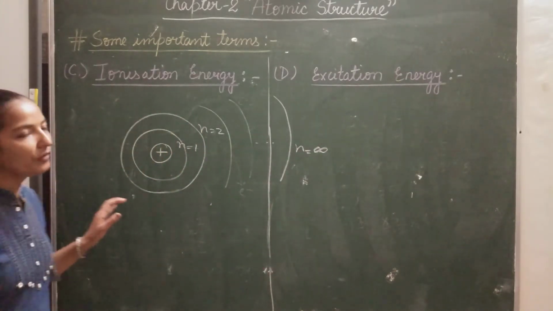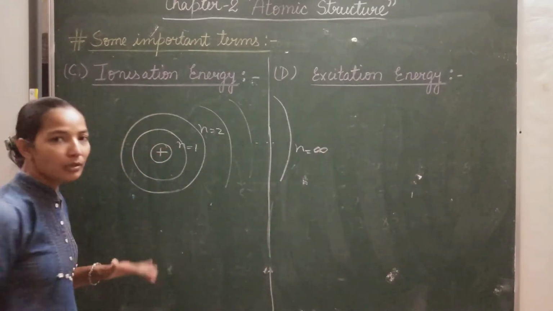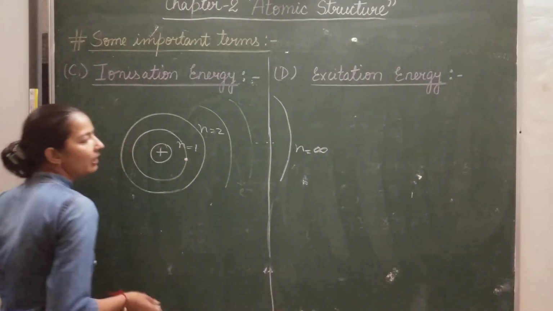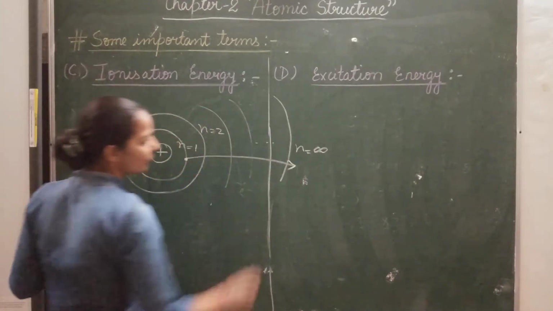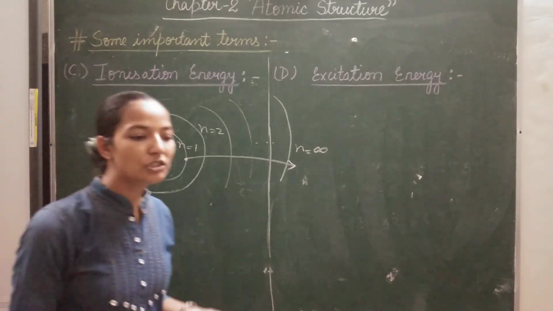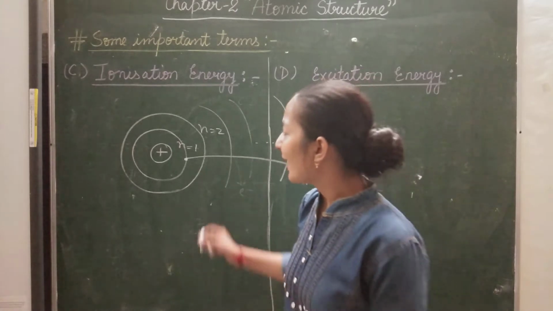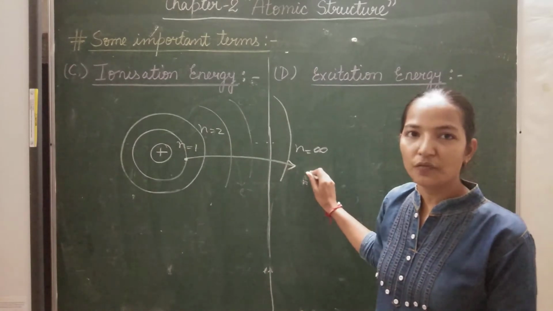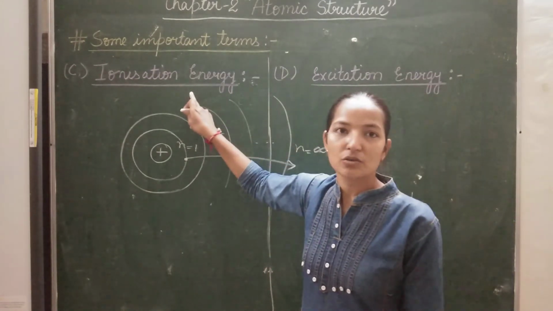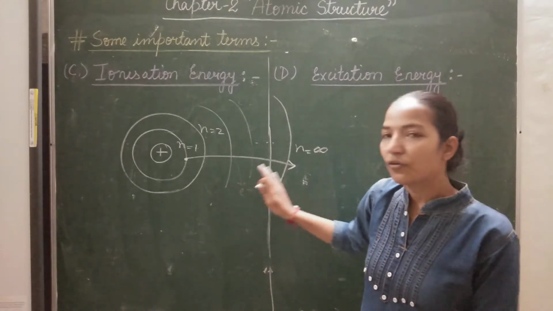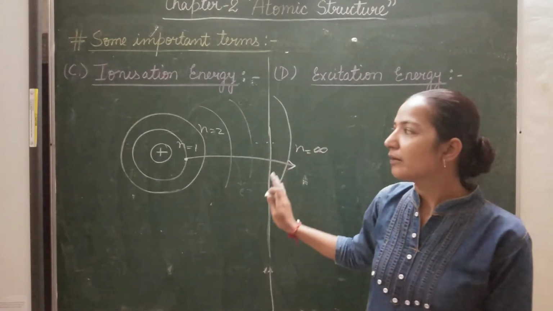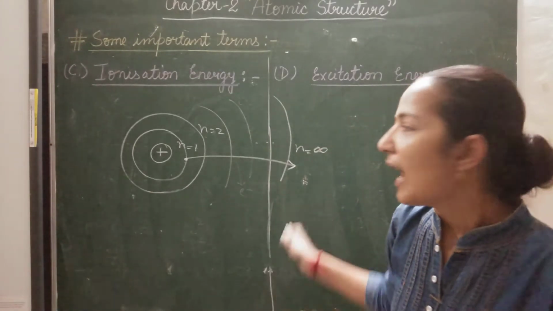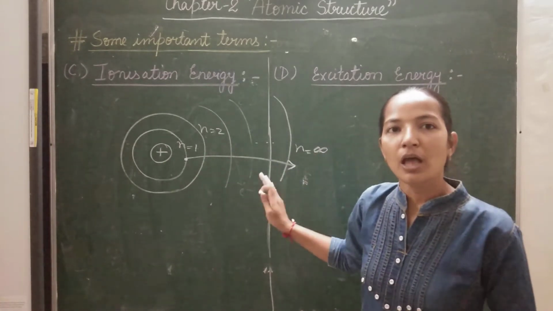If we are providing the atom that much amount of energy that the electron from the ground state gets excited to n is equal to infinity, that is, the energy required by an atom to excite an electron from n is equal to 1 to infinity, then such energy is called ionization energy. If the electron is excited to infinity, it is now free from the atom and the atom has been converted into an ion.